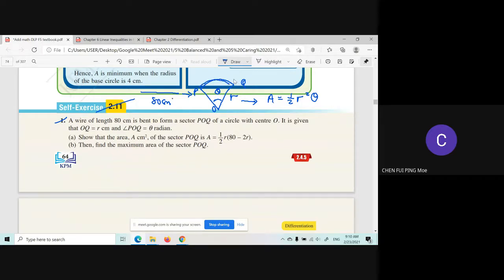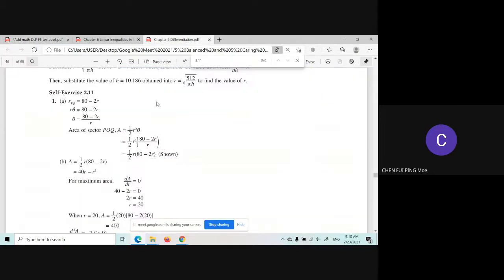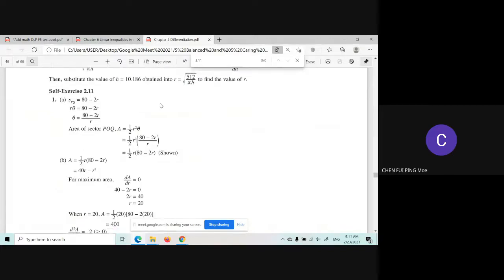They gave you a cm, which is the perimeter of this sector. How do you form the perimeter? The perimeter equals a, just now, right?